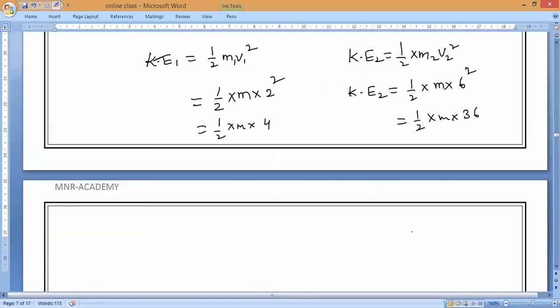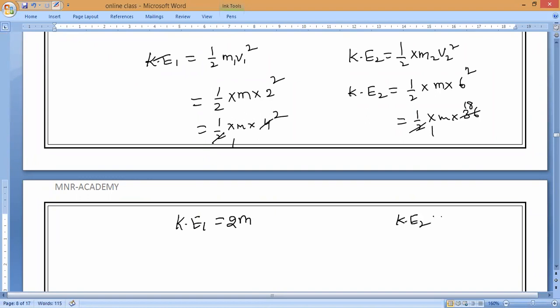You can keep it like this also. 2 ones are 2, 2 18s are 36. So KE1 is equal to 2M, and KE2 is equal to 18M.